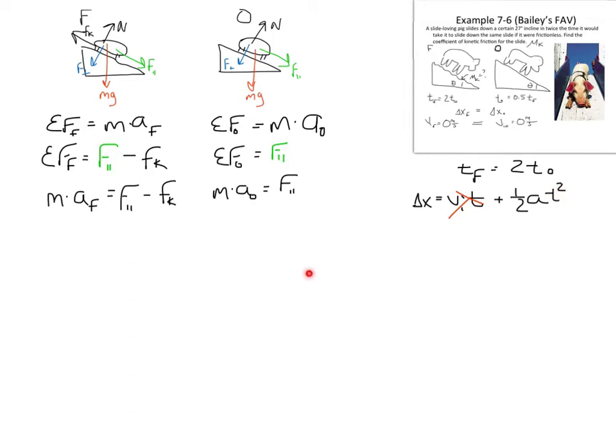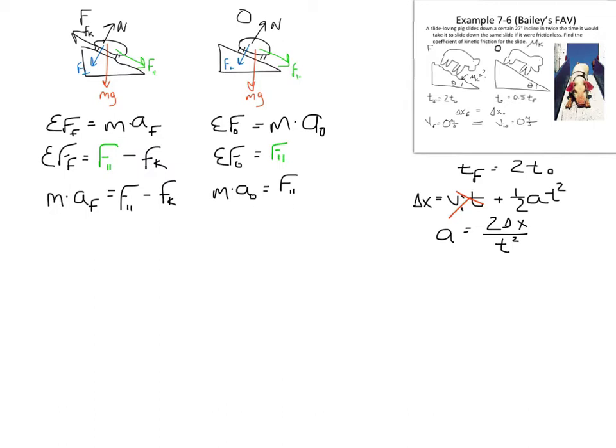So let's state this in terms of acceleration, using some dividing and multiplying. Your acceleration is going to be equal to 2 times delta x, divided by t squared.